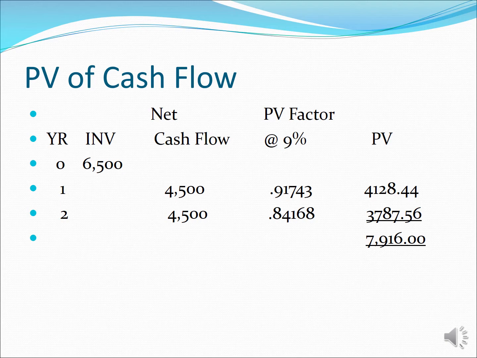And for the second year, the net cash flow is 4,500, and it's multiplied by the present value factor 0.84168 to give us the present value 3,787.56, and the present value for year one and year two adds up to 7,916.